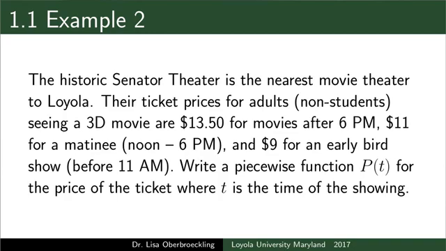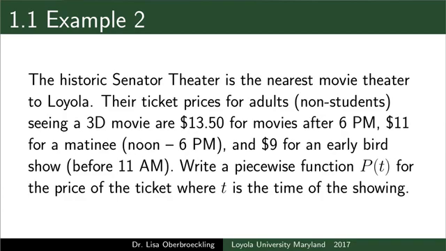And so reading what the ticket prices are, they're $13.50 for evening after 6 p.m. movies, $11 for a matinee between noon and 6 p.m. And once in a while, they have early bird movie showings before 11, usually like 10 a.m.